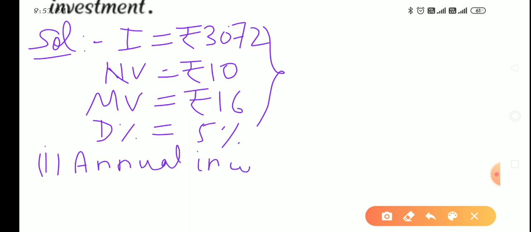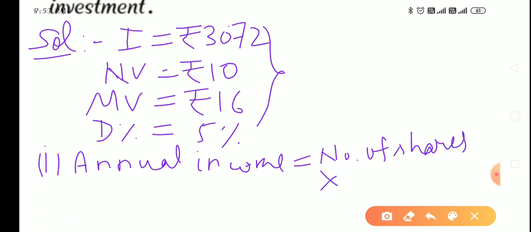Annual income will be number of shares multiplied by D% multiplied by NV of one share. I am writing only NV due to less space, but it is NV of one share.